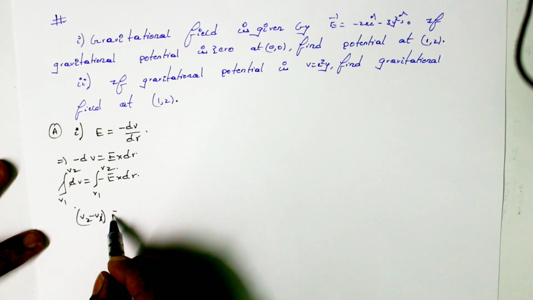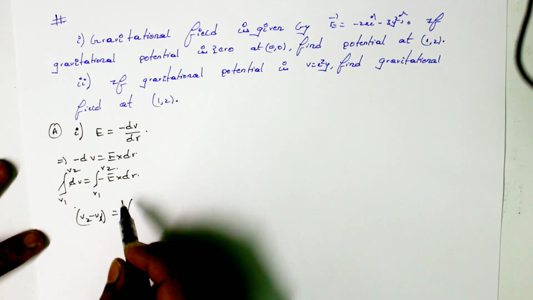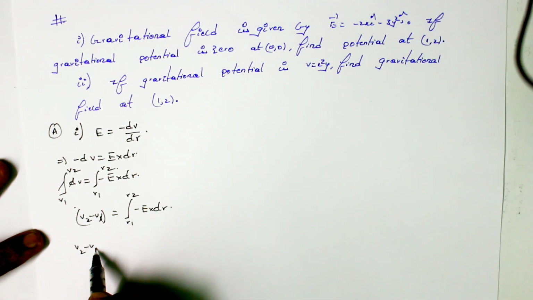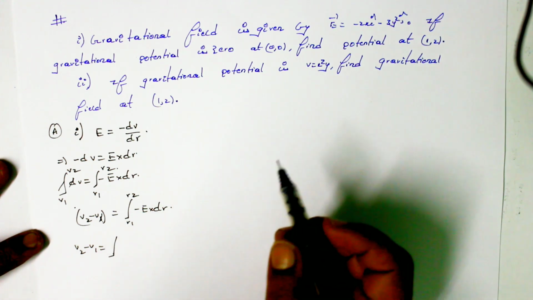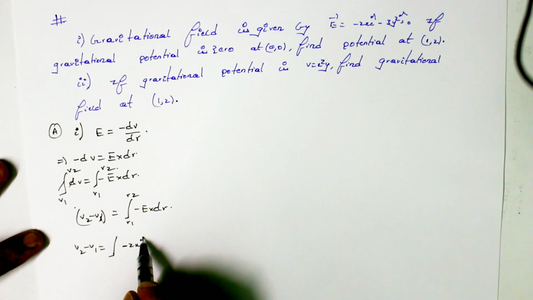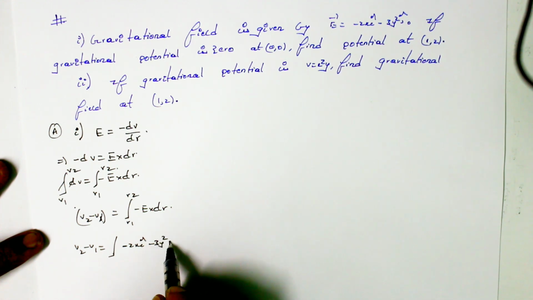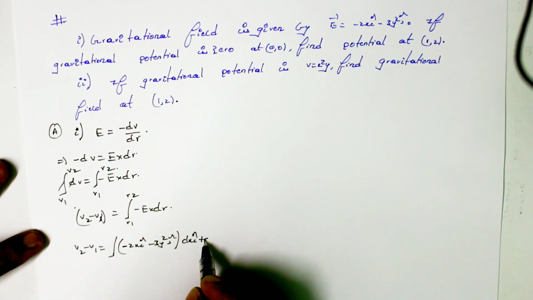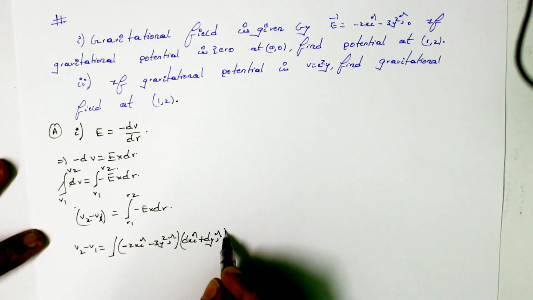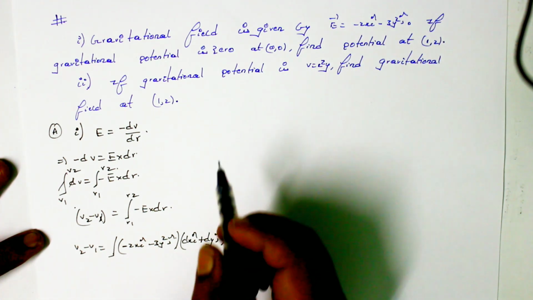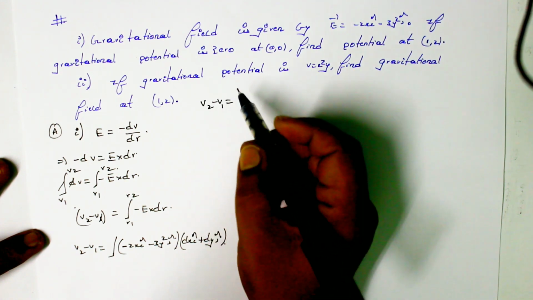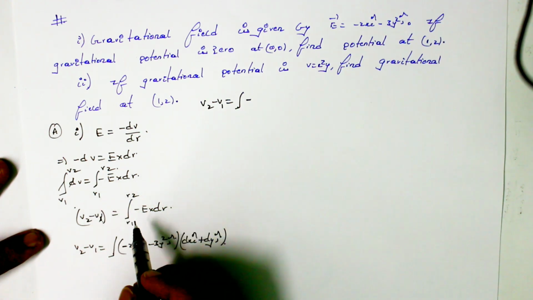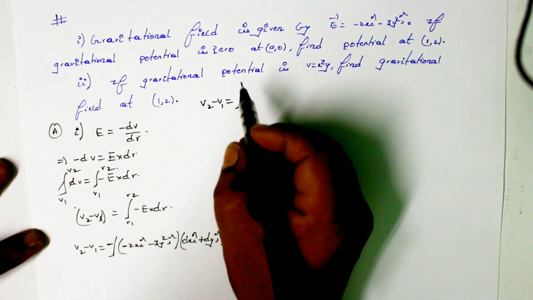So V2 - V1 = integration from R1 to R2 of -E·dr. Now what is the value of E given? -2x i cap - 3y² j cap into dr. Dr can be written as dx i cap + dy j cap. Now if I try to integrate them separately, then V2 - V1 = integration of minus, here I have minus also, so minus of minus will become plus.